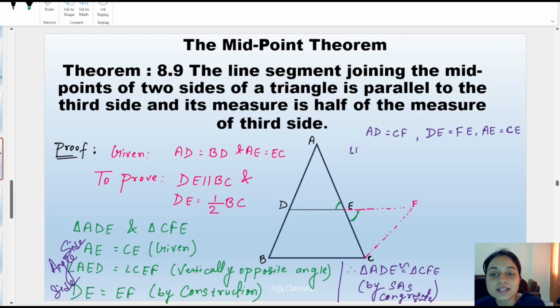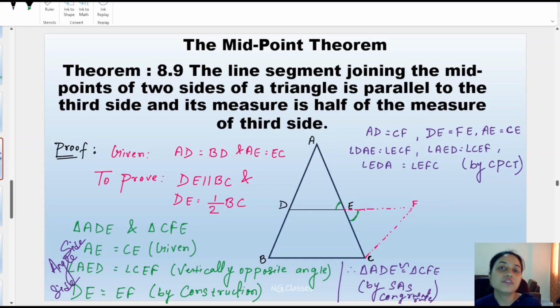Angle DAE is equal to angle ECF. Angle AED is equal to angle CEF. And angle EDA is equal to angle EFC, all by CPCT. That means corresponding parts of congruent triangles must be equal to each other.